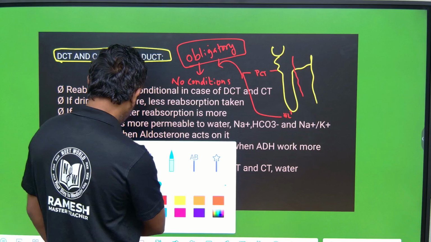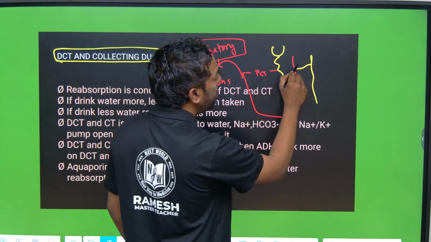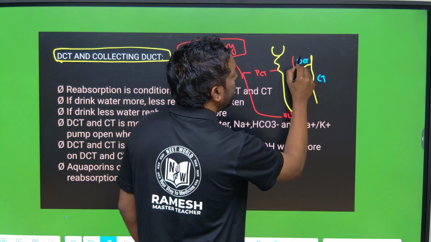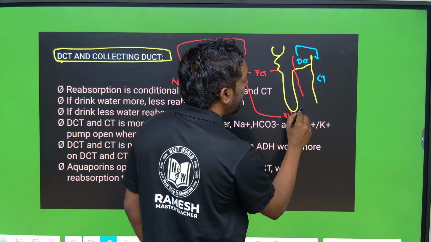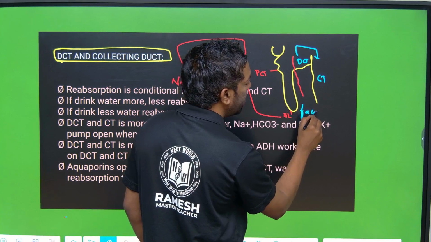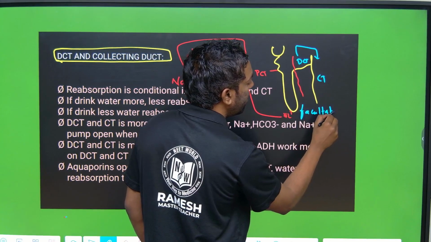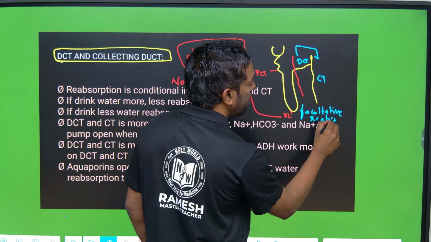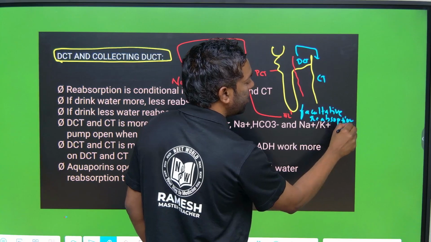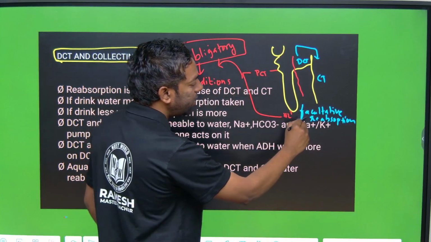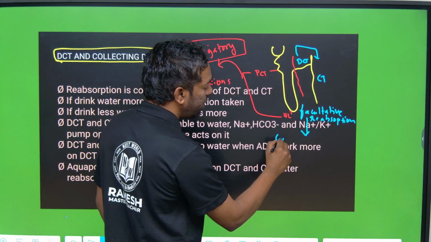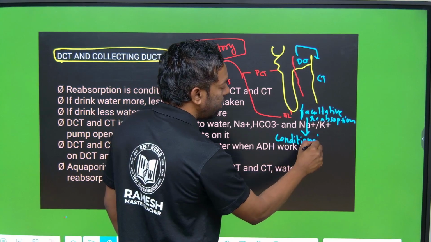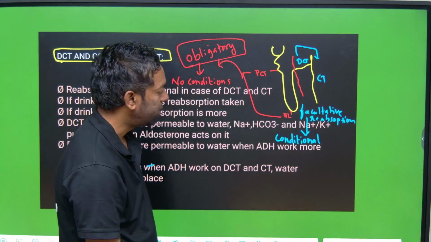If we come to the DCT and collecting duct, this is most important, guys, we call it facultative reabsorption. Facultative reabsorption means conditional reabsorption takes place. Who gives the conditions?